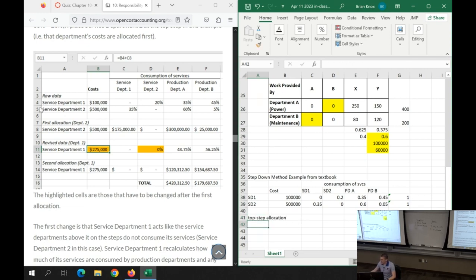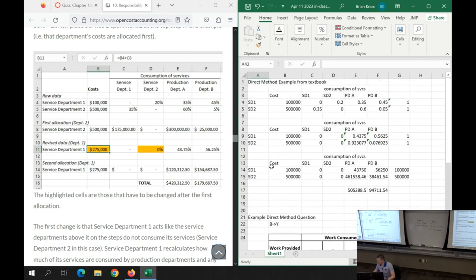And so what we're going to do is take this step that we did right here, where we multiplied the cost by the percentages without having changed any percentages. Because the top step gets to allocate to everyone below it.